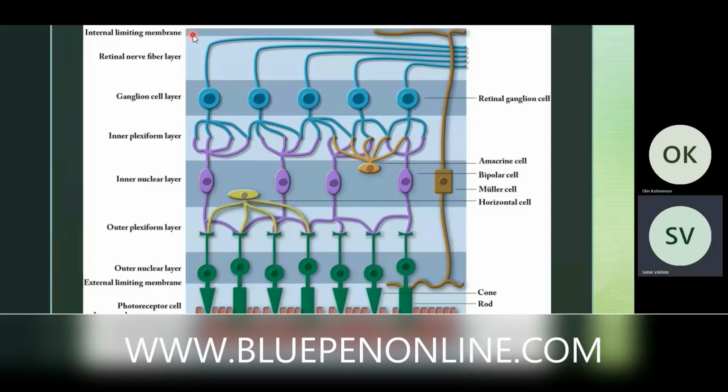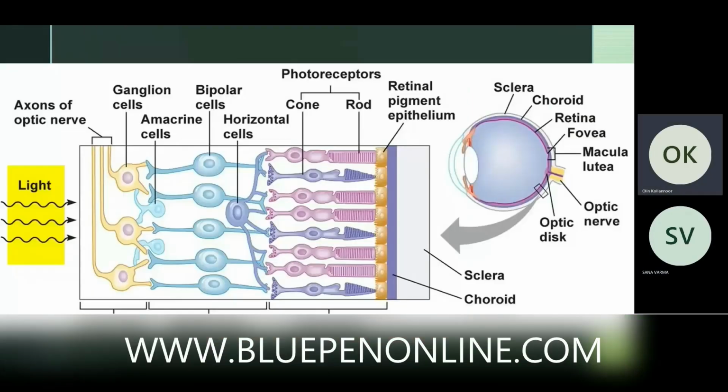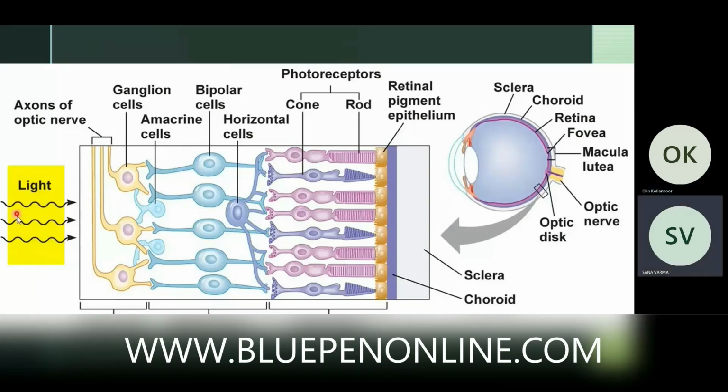And the last one is the internal limiting membrane, which separates these layers of retina from the vitreous humor. Clear now? Okay. And this is how the light rays pass. I told you in the beginning. So light comes in this.